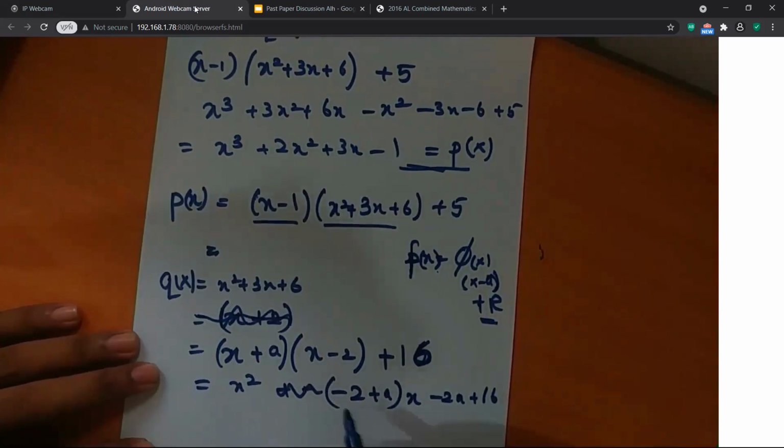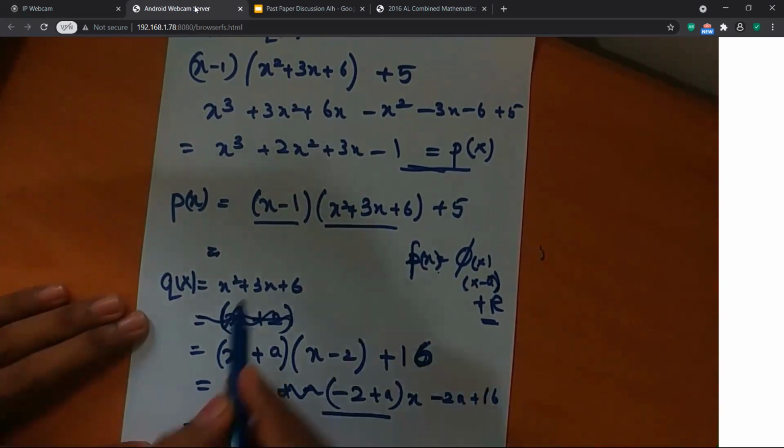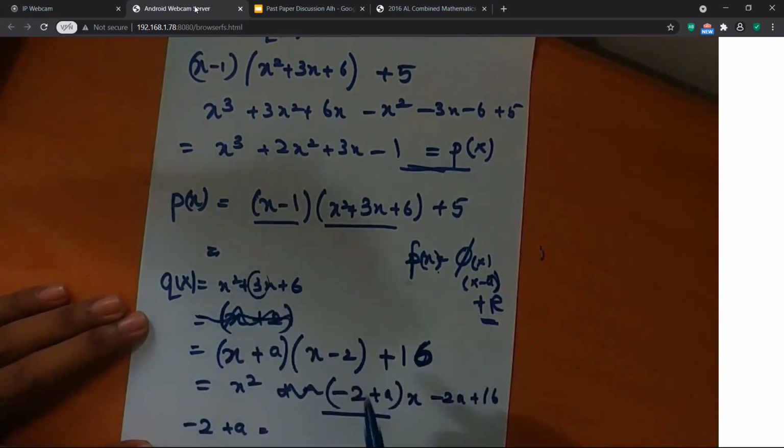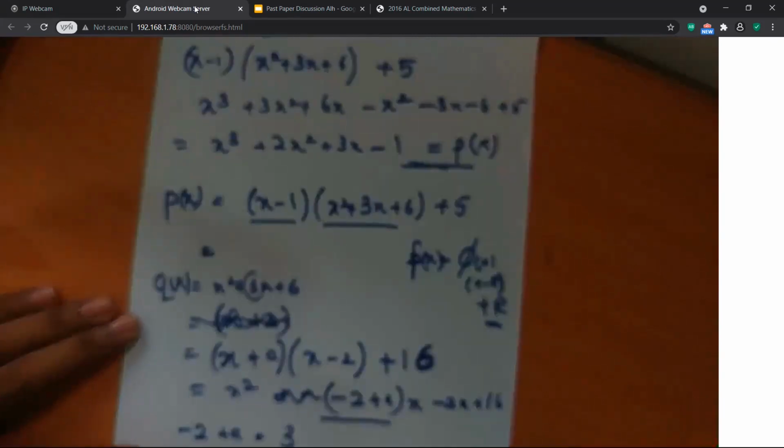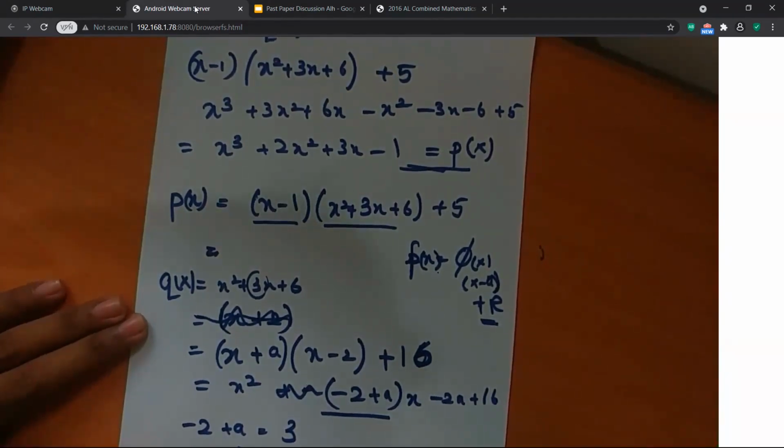So if you take this, we can get the value of a. If you compare the coefficients of x, this is 3, so minus 2 plus a is equal to 3. That means a is equal to 5. Okay, that means q(x) is equal to (x plus 5) times (x minus 2) plus 16.